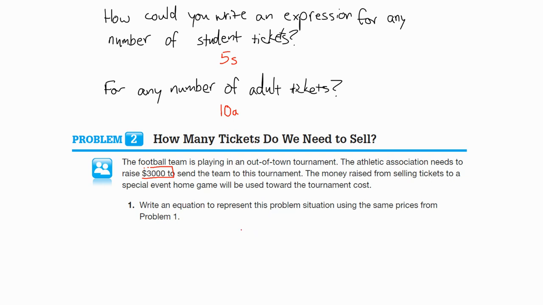And we don't know how many students or how many adults are going to be at the game. We could probably do something like this. 5S plus 10A equals $3,000, right? Because however many students and adults buy tickets, we need them to get to that total of $3,000. Awesome.